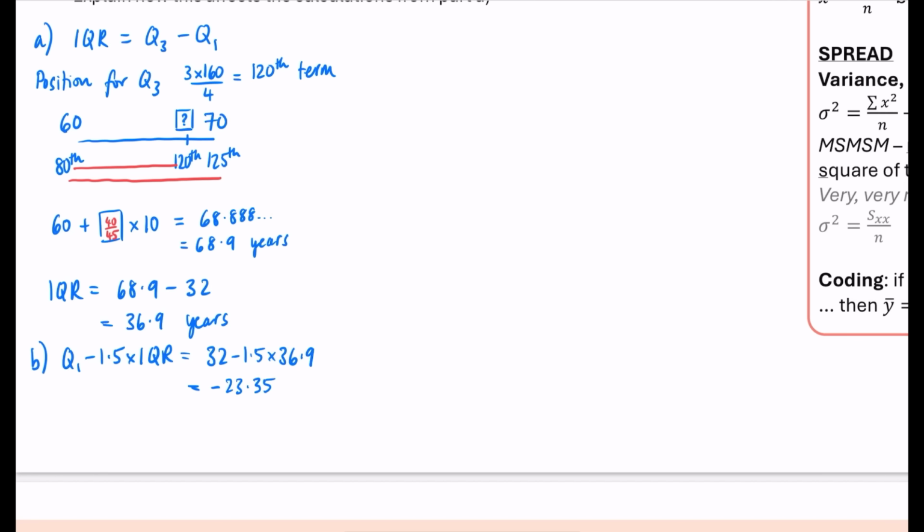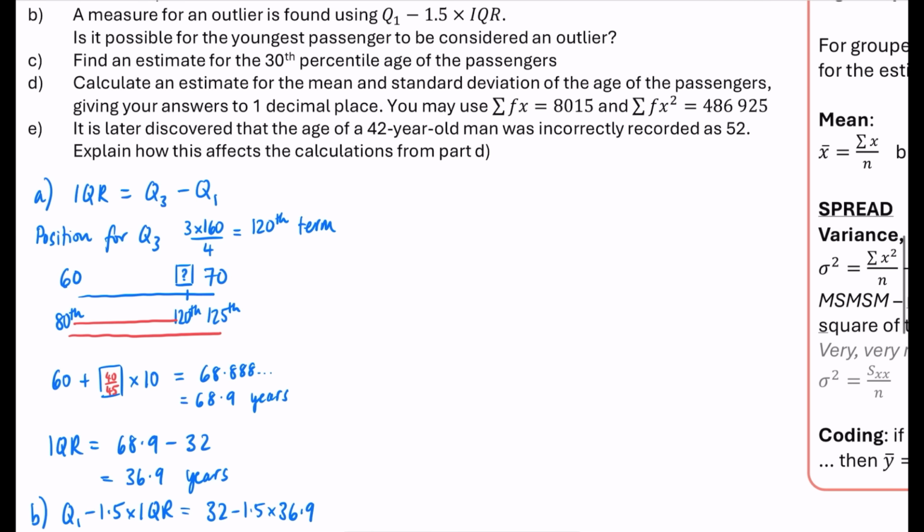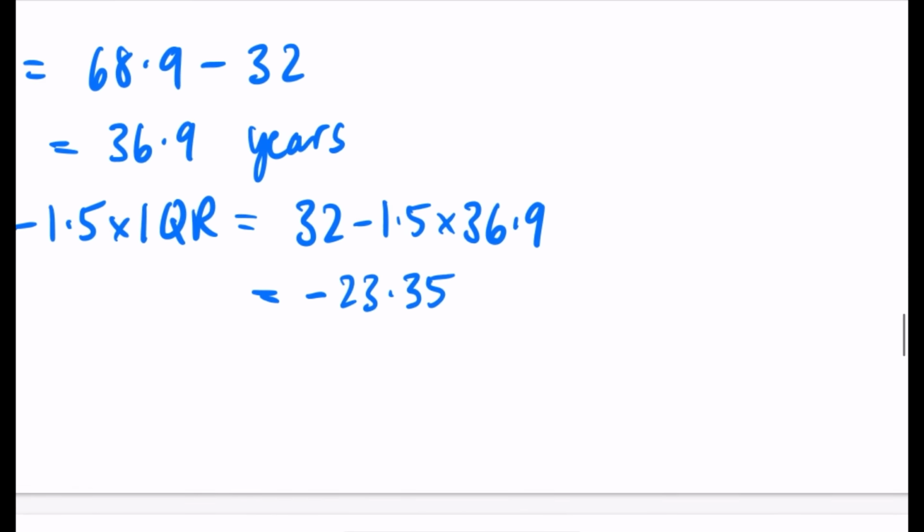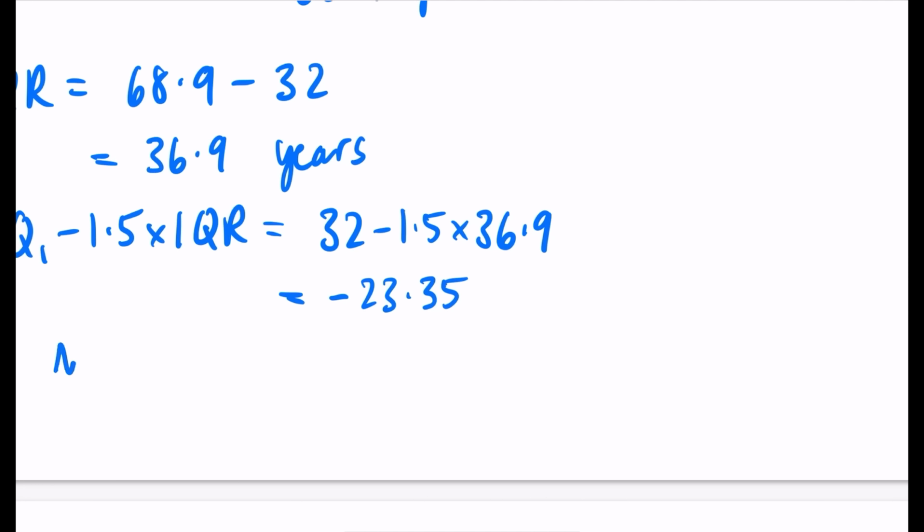We get minus 23.35. So an outlier is something that is outside of that range, something that is even lower than this. Well, nothing's going to be able to be lower than that, right? So an outlier is not going to be an outlier for this. It says, is it possible for the youngest passenger to be considered an outlier? I just need to explain, no, not possible.